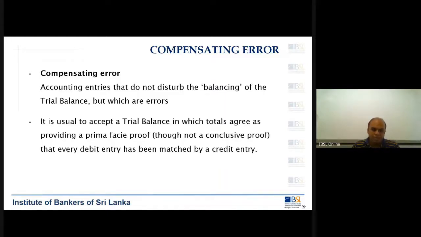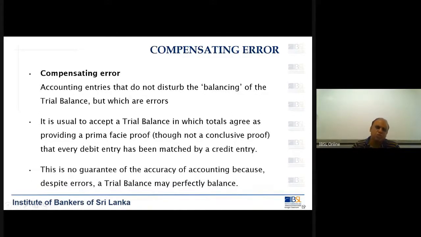But it doesn't mean that the trial balance doesn't have errors. It can have all the errors that we have learned so far. So there is no guarantee of the accuracy of accounting, because despite errors, a trial balance may perfectly balance.